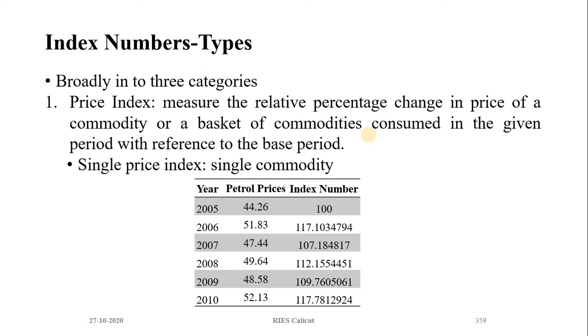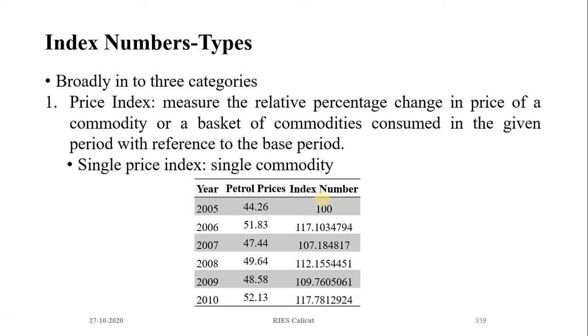What I have to do is convert the price of petroleum in 2005 into 100. How can I convert it? It is current price divided by base year price into 100. Current price is 44.26 and we are comparing it with the same year, so it is 44.26 divided by 44.26 into 100. So it would be 100.